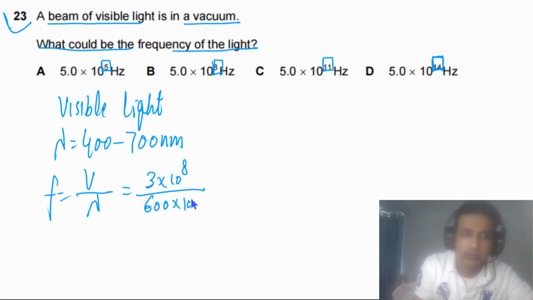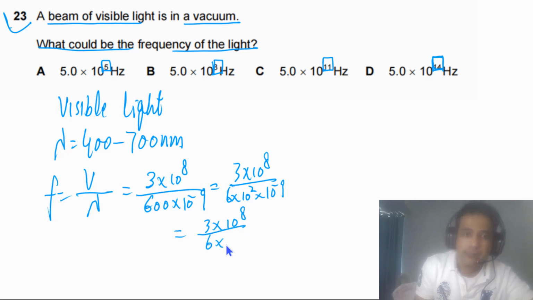So it means 600 times 10 to minus 9. Now if we simplify, we can write 3 times 10 to 8 divided by 600, which is 6 times 10 to 2 times 10 to negative 9. Further simplifying, this is 3 times 10 to 8 divided by 6 times 10 to negative 7.